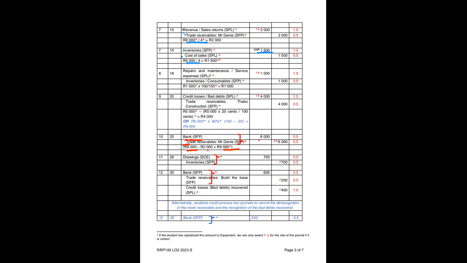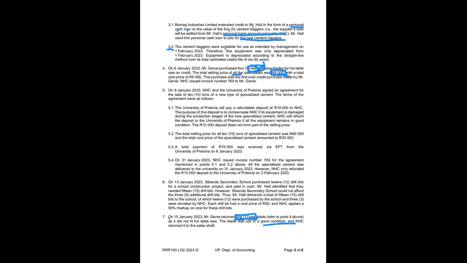Now let's go back and have a look at bullet point 5. Remember, we stopped at 4. So we'll go back to 5. And we see on the 8th of January, NHC and the University of Pretoria signed an agreement for 10 tons of a new type of cement. The agreement was as follows.